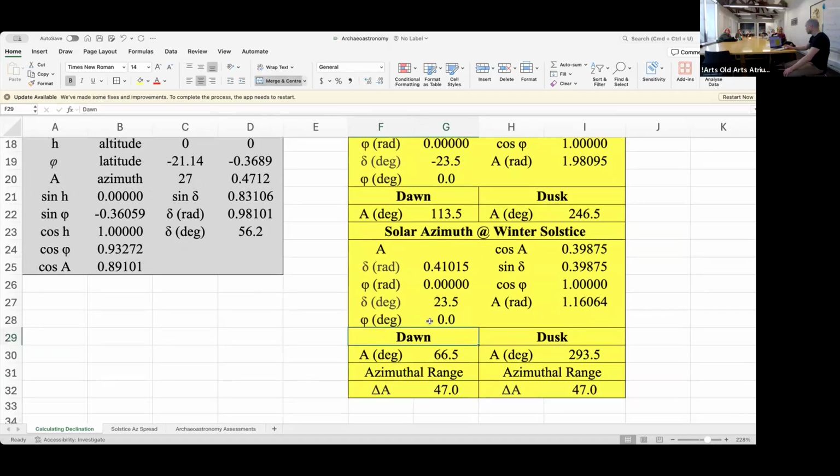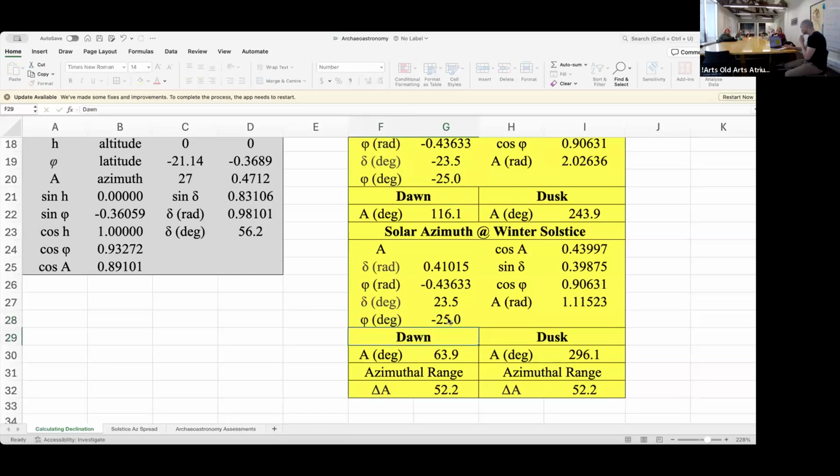We're looking at this from the equator. That means the azimuthal range is 47 degrees. If we look at this from minus 25 degrees, which is what we had before, you have 52.2. If we go to minus 37 degrees, where Melbourne is, it's 59.